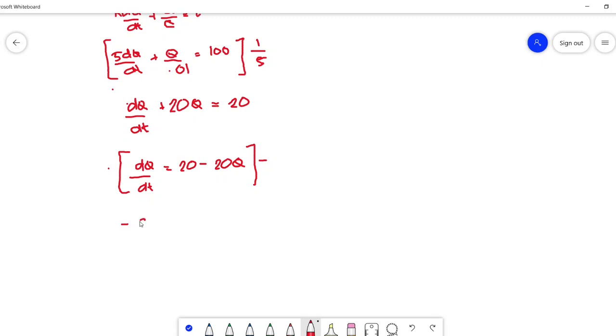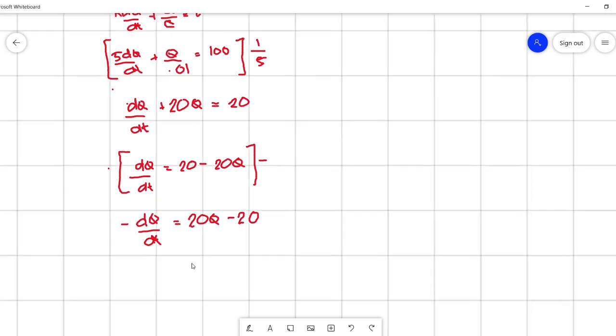So we have negative dq over dt times 20q minus 20. Since negative times negative is positive, we have 20q. Negative times 20, so we have negative 20. Then we can separate it now.